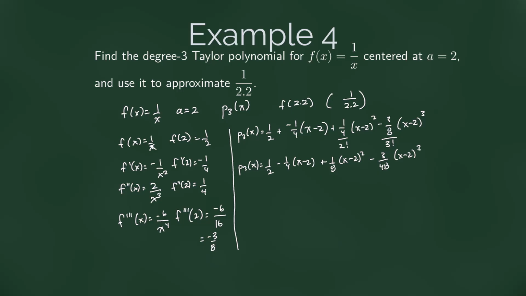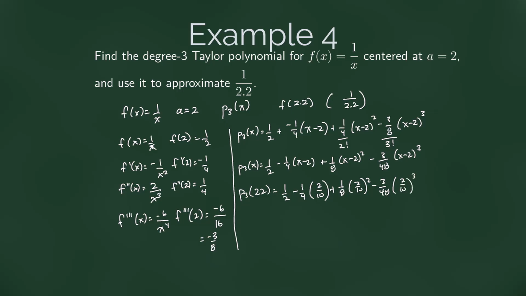We'll use that to estimate f of 2.2. So we'll plug 2.2 in, and we're going to get 1/2 minus 1/4 times 2.2 minus 2, which is 2/10. I'm going to use fractions here because they're a little easier for my brain to work with. Plus 1/8 times 2.2 minus 2, so that's 2/10 squared, and then minus 3 over 48 times 2/10 cubed.